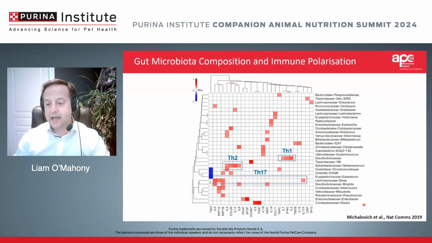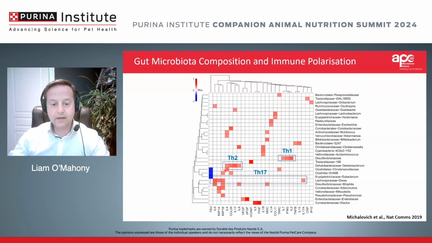And we have many examples to show that this is true. So this is a study that we did a few years ago, and we were able to correlate, for example, specific microbial species shown here on the right with circulating cytokines. And this was in adults. So for example, the Desulfovibrio correlate very well with Th1 cytokines like interferon gamma and IL-2.